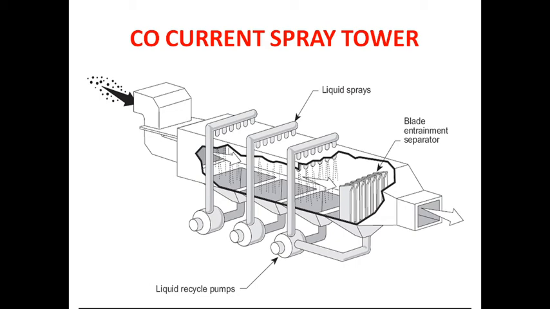Here this is the liquid recycle pump in the last set of sprays, if recycle liquid is used. In this figure, what is the purpose of the entrainment separator? To remove and recover entrained liquid. For that purpose, entrainment separators are used in co-current spray tower.